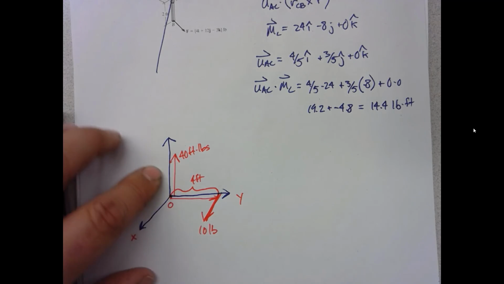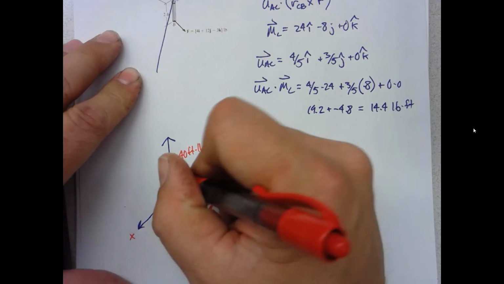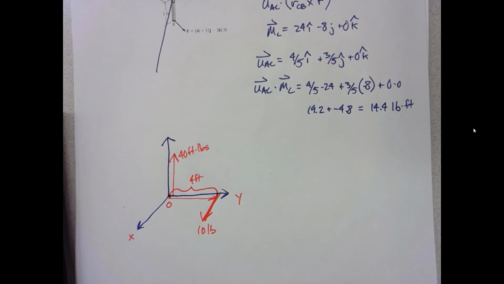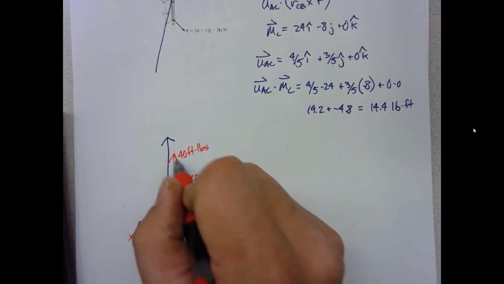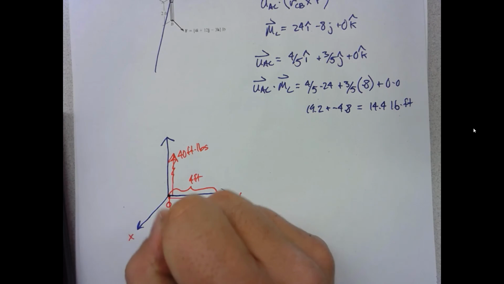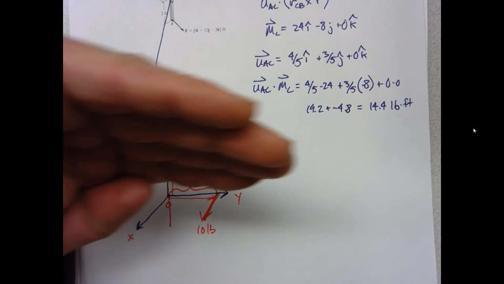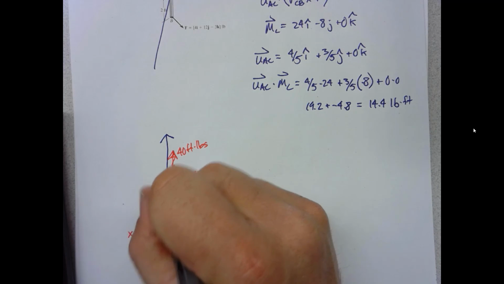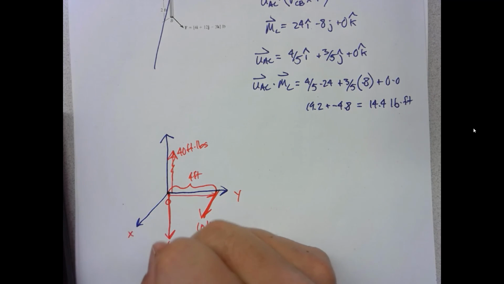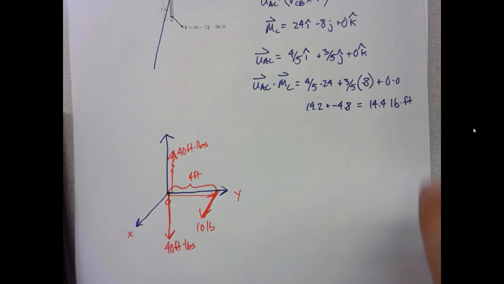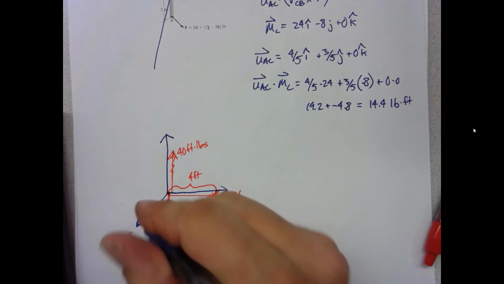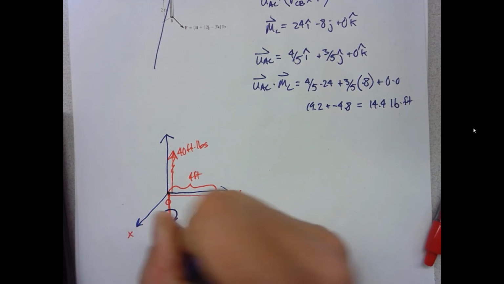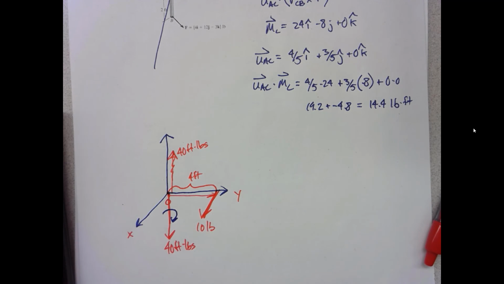Actually, I'm sorry, it wouldn't be that way. It would be this way. If I follow the right-hand rule, fingers in the direction of r, then curl toward F, I end up with a negative z vector of 40 foot-pounds. That's telling me the curl direction. It's the axis about which it's twisting.